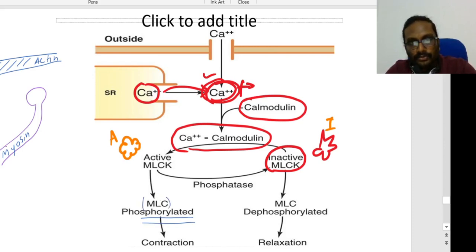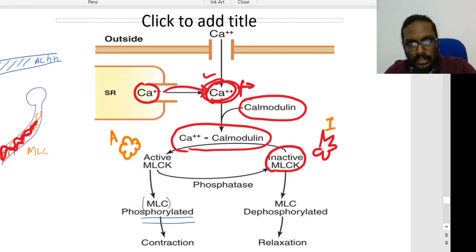This myosin that you find here is actually not like this. It's actually made up of a lot of proteins, light chains, heavy chains, a bunch of proteins. Among them, one protein is myosin light chain. So the myosin light chain is phosphorylated.